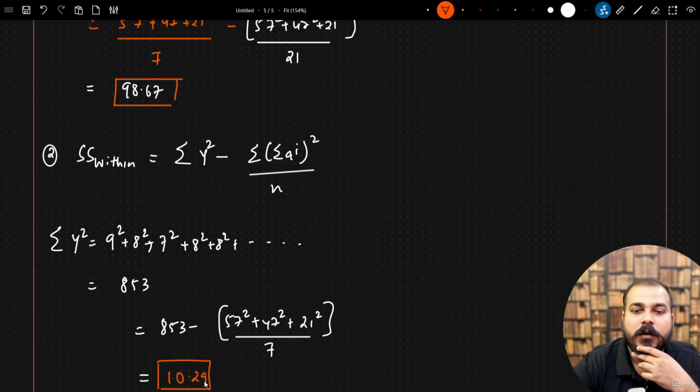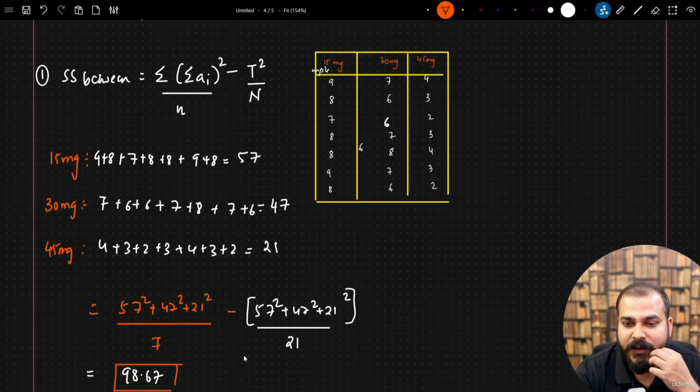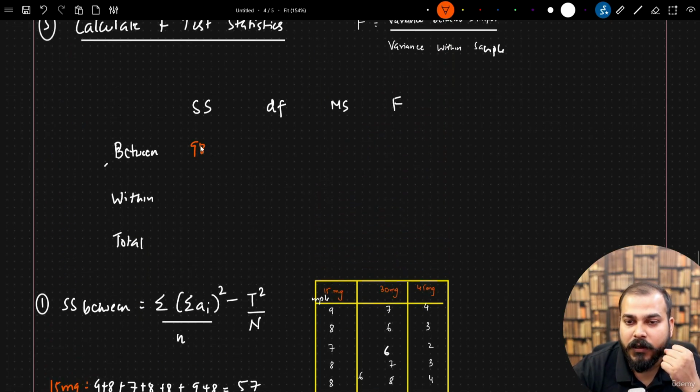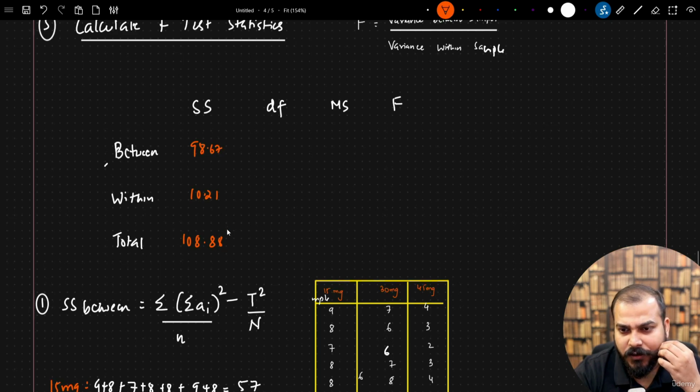Once we do this, let me put all these values. It is 98.67 over here, 98.67, 10.21. So this will be 108.88. So this is what we are going to get with respect to this.